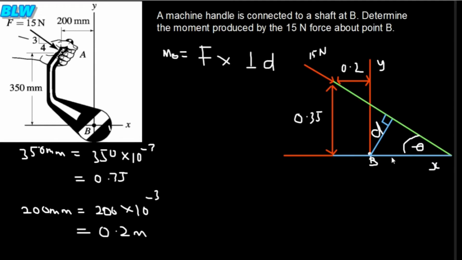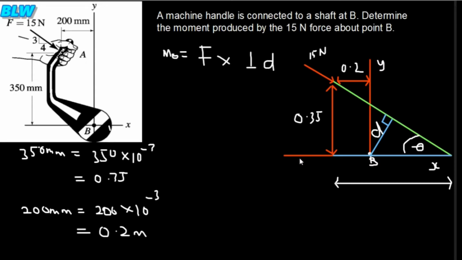Because when you get this length, you can subtract this 0.2 from it to get just this side here. Let me see, from this length here.